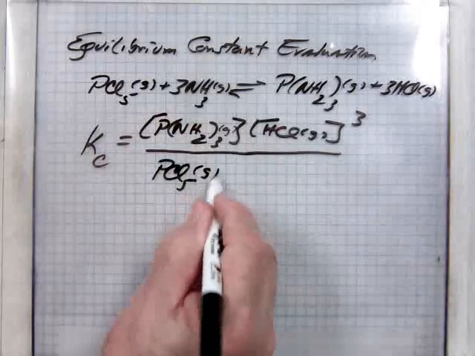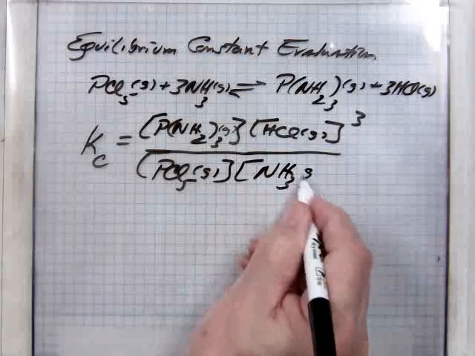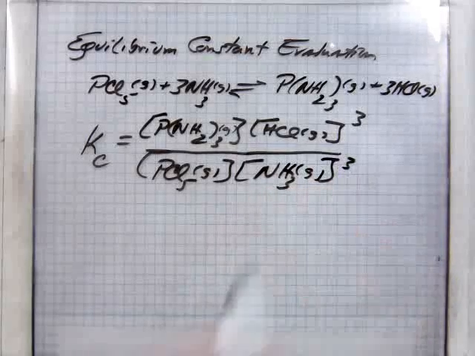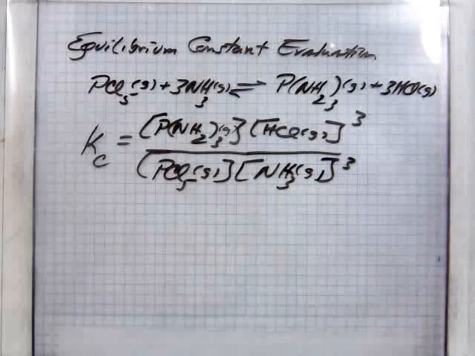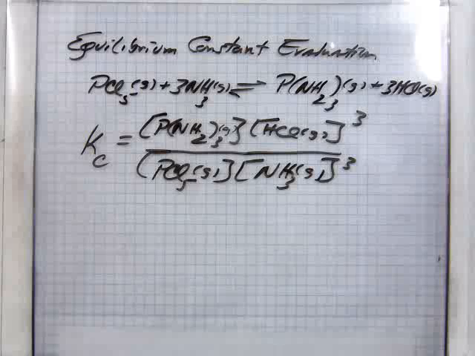Divided by PCl5 gas raised to the first power, and ammonia gas, and that one's also cubed. So all of them are written products over reactants: the product of the molar concentrations of products divided by the product of the molar concentrations of reactants raised to the respective coefficient powers. Okay.